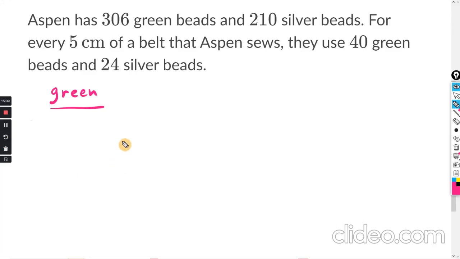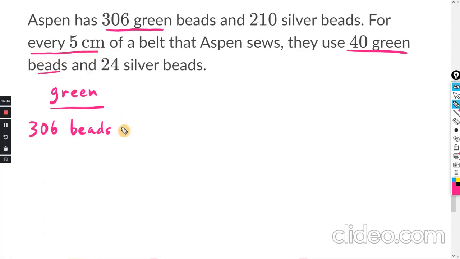Alright, so for the green beads, he starts with 306. And he's going to use, or in other words, lose 40 green beads every 5 centimeters.